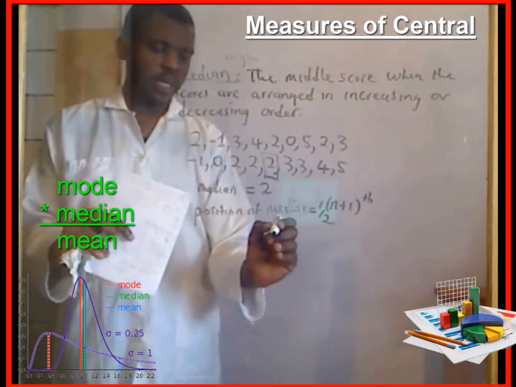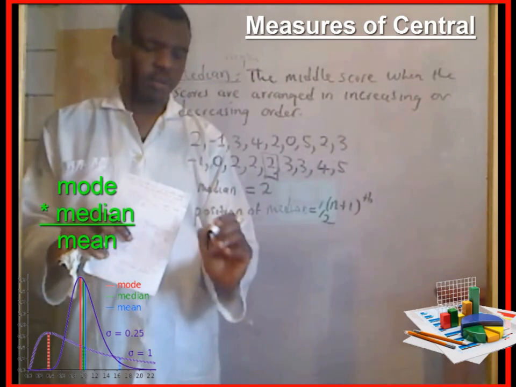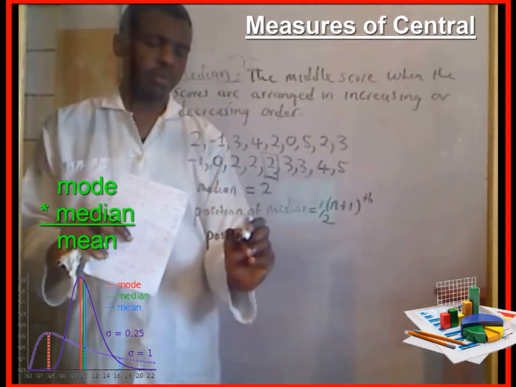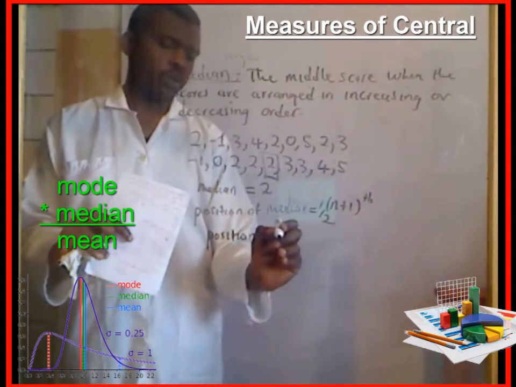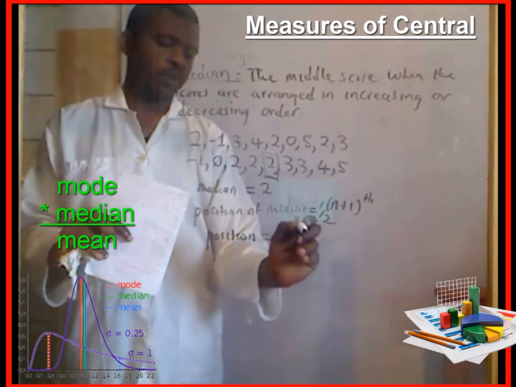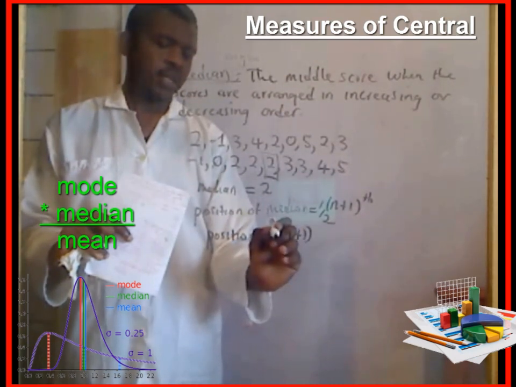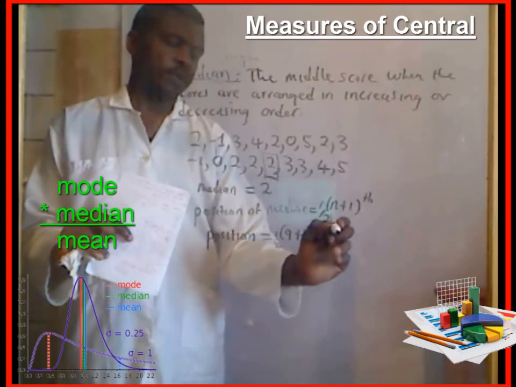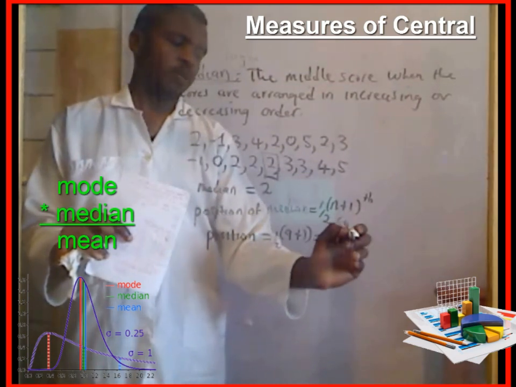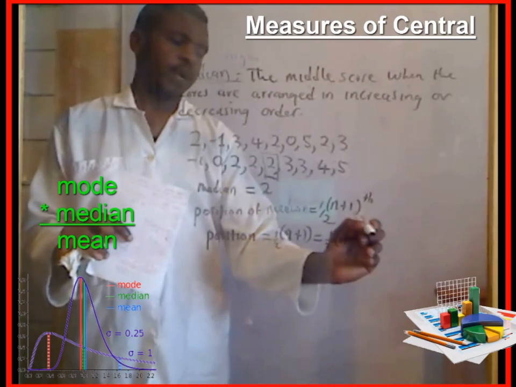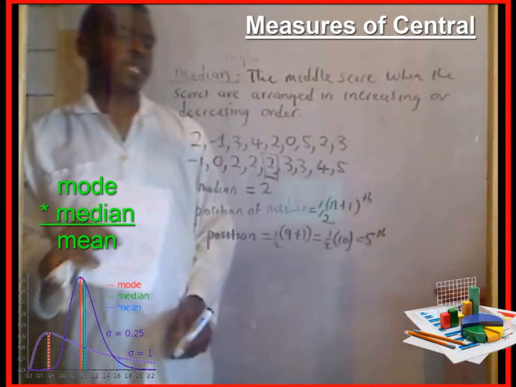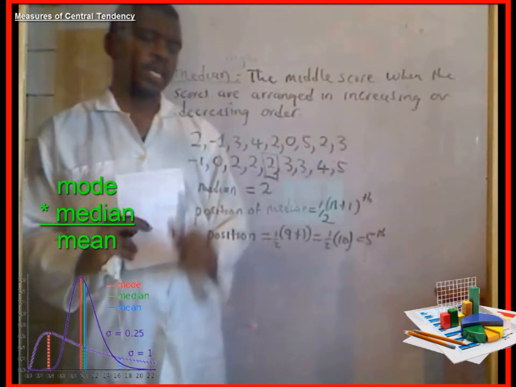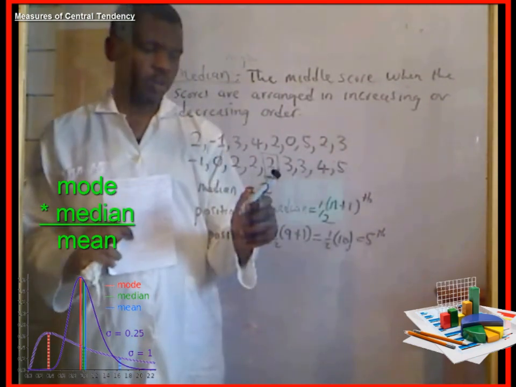So the position will be equal to 9 plus 1 times half, which gives us half of 10, which is equal to 5. So the median is the term at the 5th position in this data, which is equal to 2.